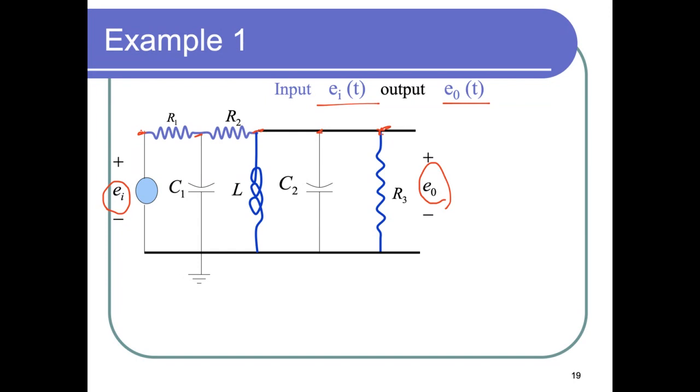Okay, one to the right side of R2. You have one here, one here. Yes. And one is with the ground. Correct. Right, this is the reference node. Yes, Muhammad, do you want to add something?